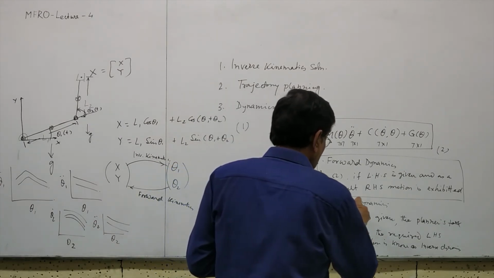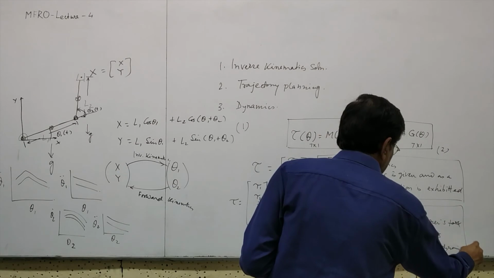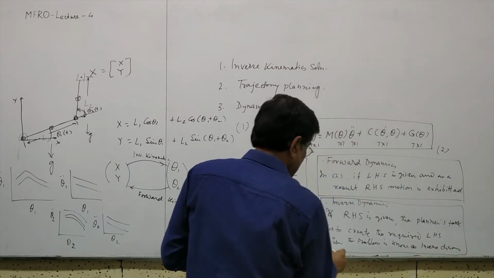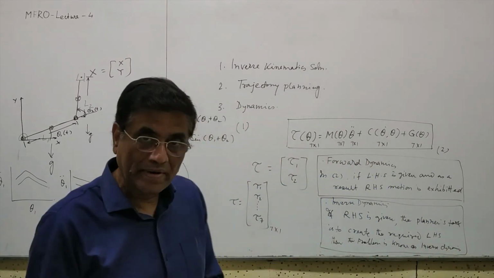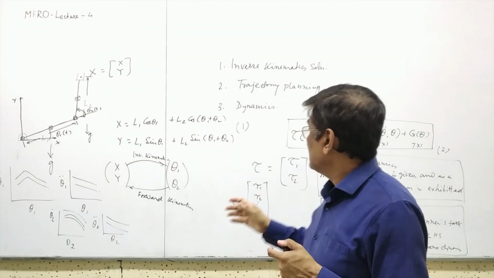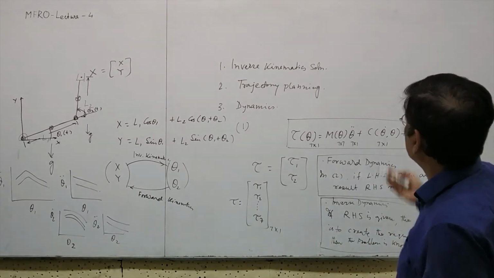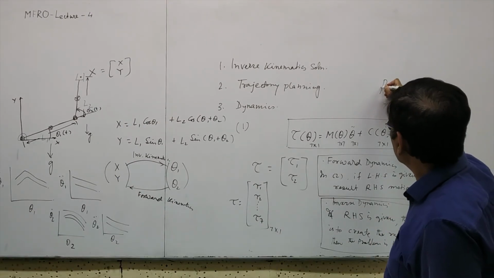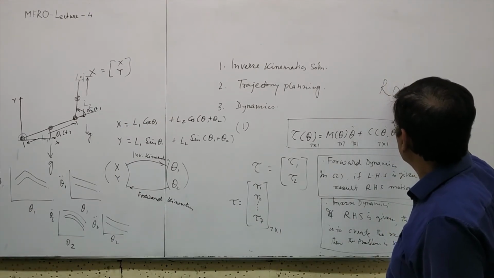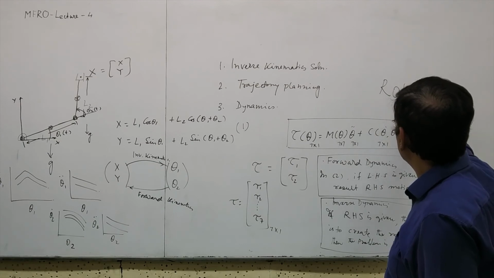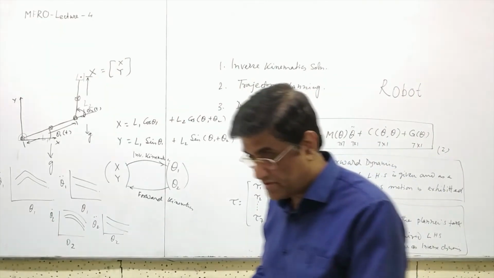otherwise, for all control purposes, you need to solve inverse dynamics, because the moment your planner says that, for creating this motion, say the robot is writing its own name, R-O-B-O-T, these are very complicated trajectories.